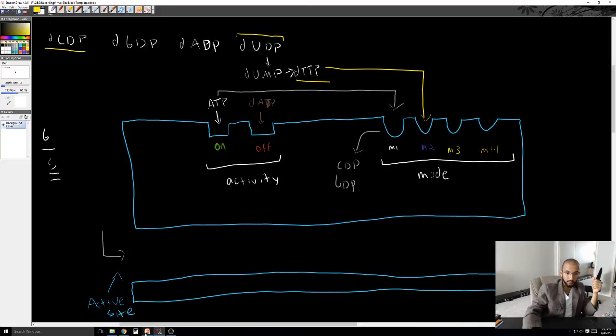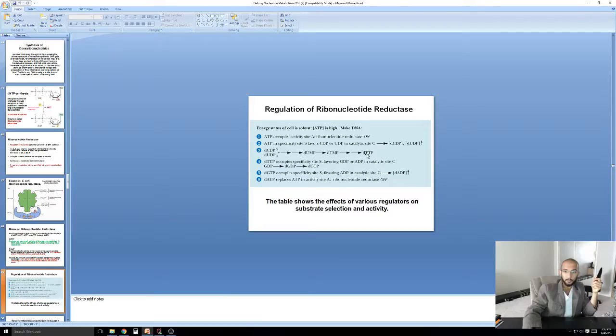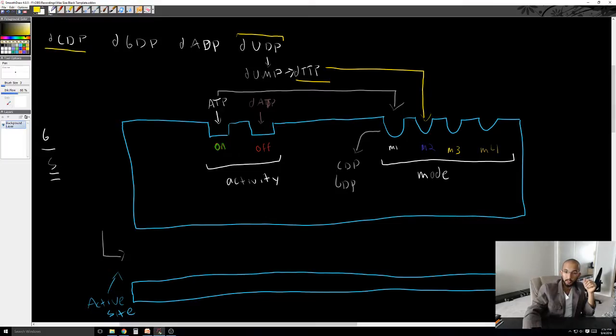And let's see what the next mode does. So the CDP is good, UDP is good, and we will create dTTP from it. It occupies the specificity site, and I should be specific, this whole thing over here is the specificity site.